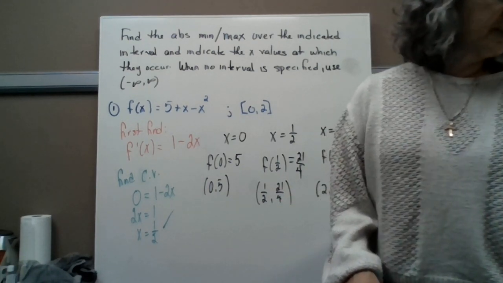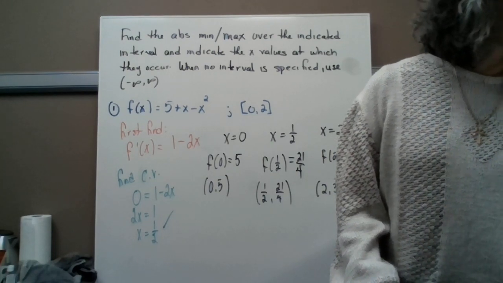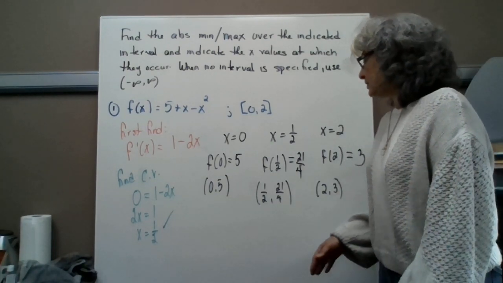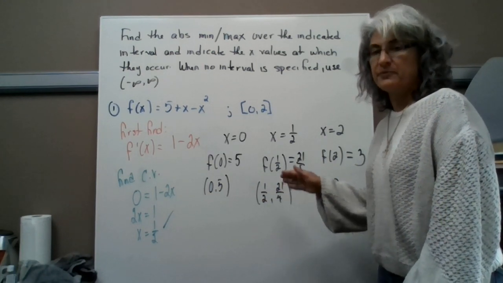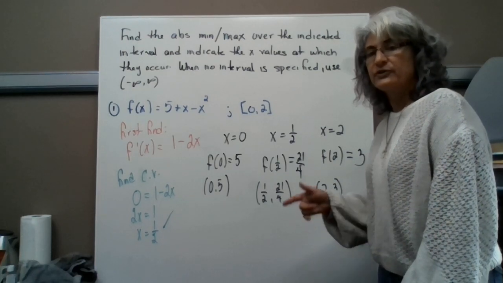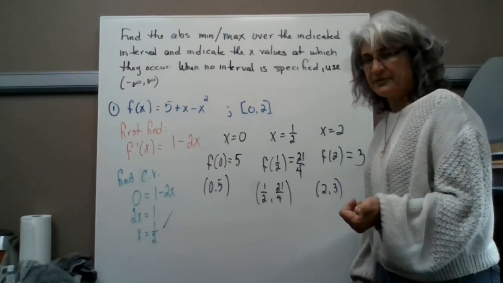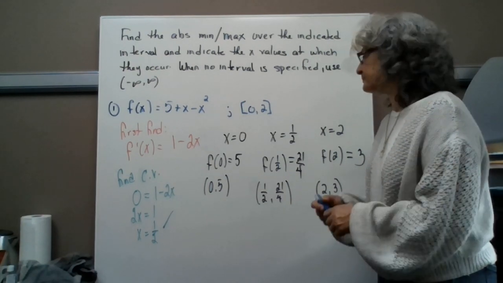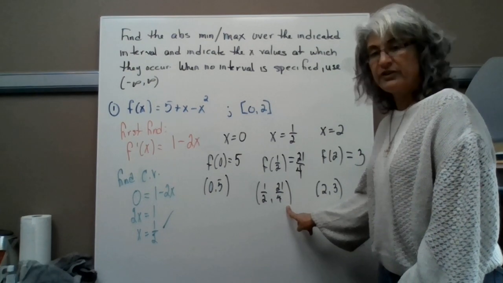Now, by Theorem 8, the largest y value is going to be the absolute max. The smallest y value is going to be the absolute min. I think I forgot to write that down, but you get the idea. So in this case, my largest y value is 21/4.